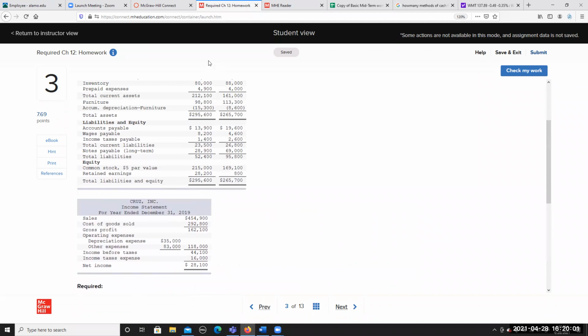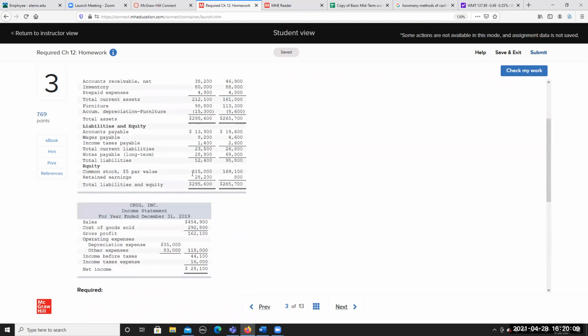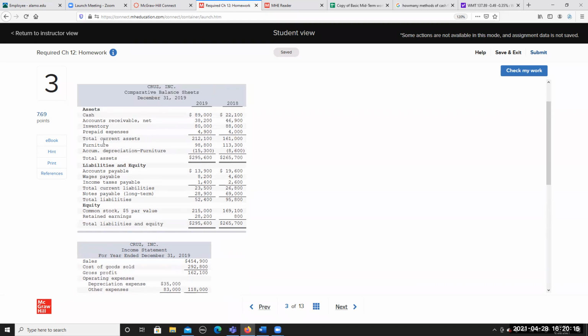So then you start on the balance sheet. Now, here's the thing though, about the operating activities. The operating activities are income tax payable, wages payable, accounts payable, and do not include furniture. So it's the change in these current assets and the change in these current liabilities.